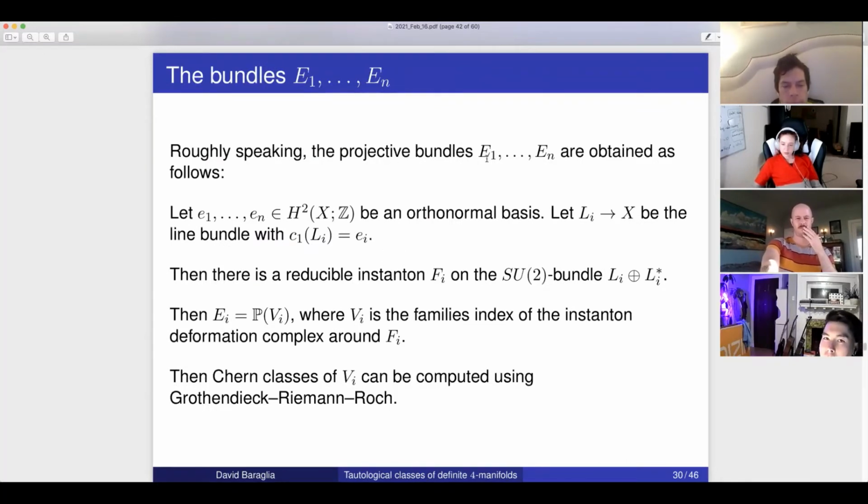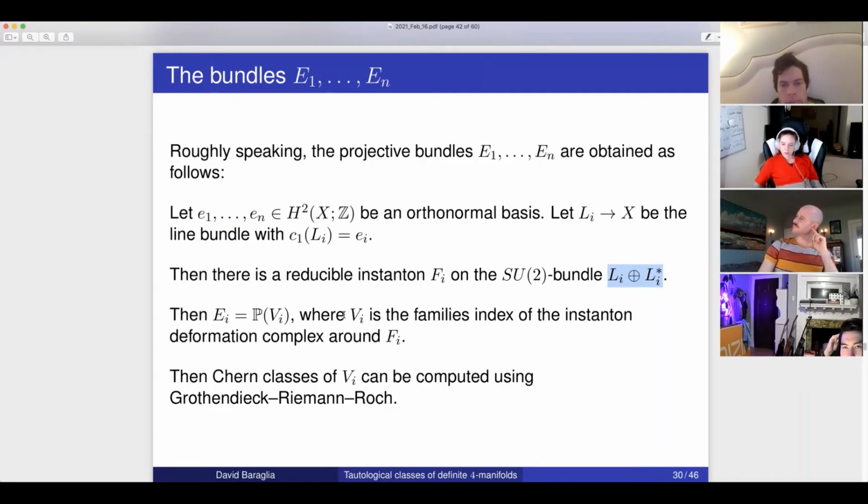So let E1 up to En be an orthonormal basis for H2, and for each of these classes there's a corresponding line bundle, and then of course there's a reducible instanton on L plus L star. And so you want to look at the deformation theory of instantons around this reducible.